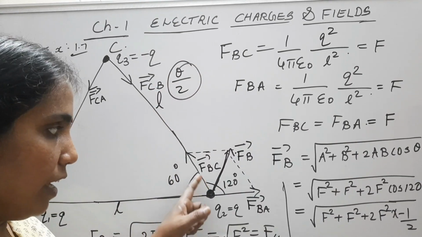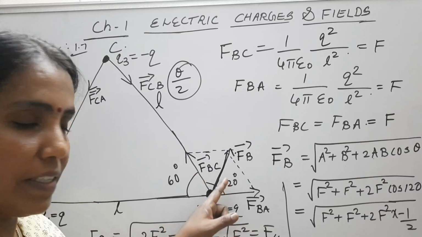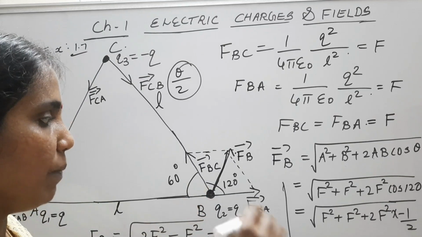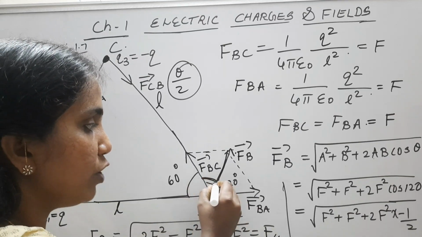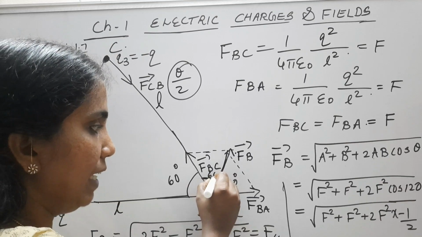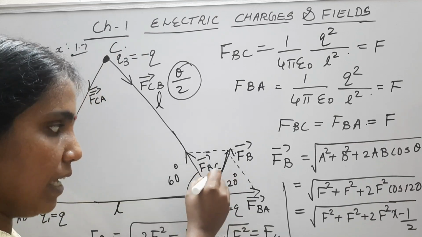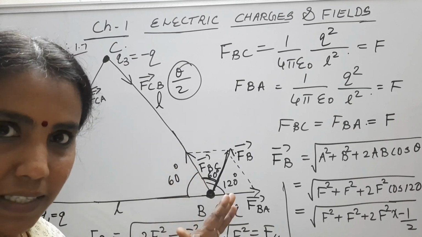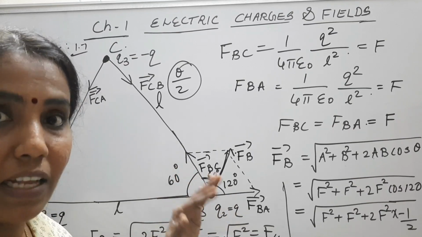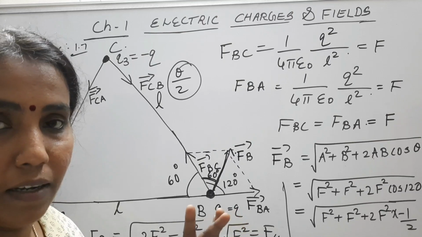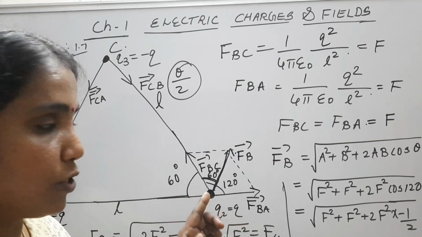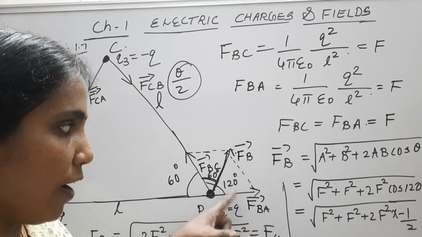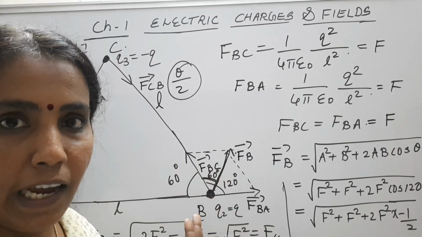That means here, if the angle between FBA and FBC is 120 degree, this FB, the resultant, will make an angle 120 by 2, that is 60 degree, with the FBC and with the FBA. So the angle made by the resultant will be the same with either of the individual vectors. Got it? So the angle made by vector FB with the FBC or FBA is 60 degree.